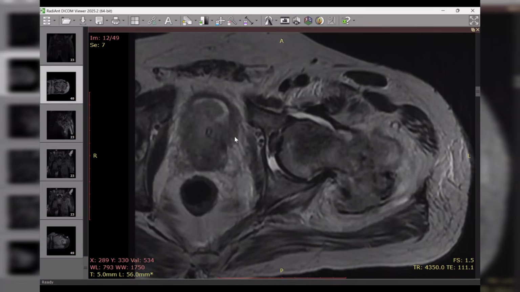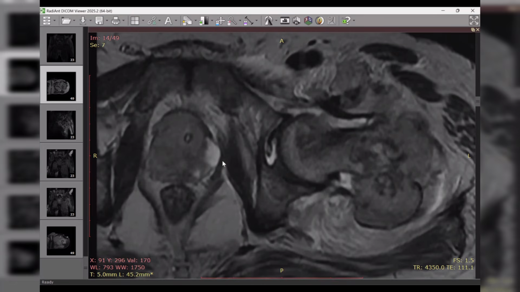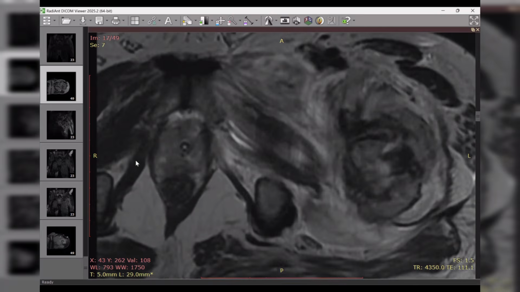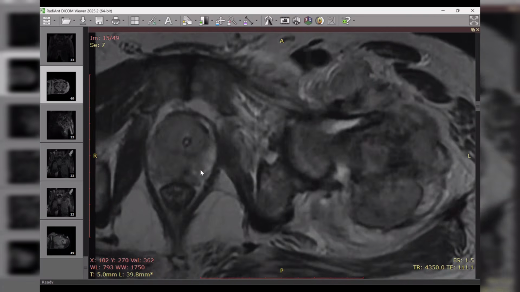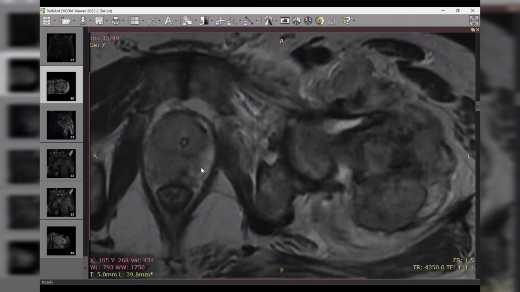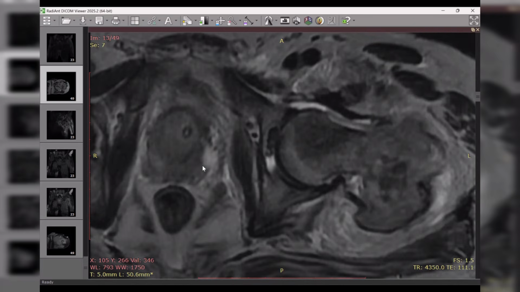Okay. What else? What do you think about this prostate? It's very suspicious. It can be a metastatic bone lesion. This is a central lesion, very hypointense, with ill-defined margin. It may be PI-RADS 5 or 4.